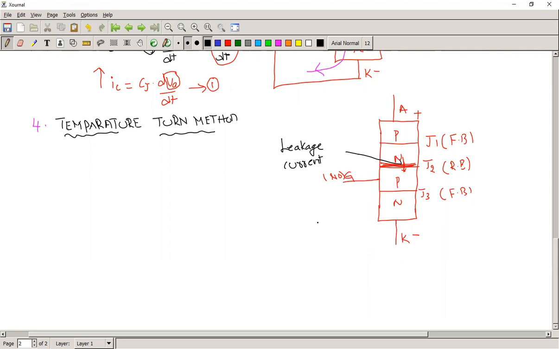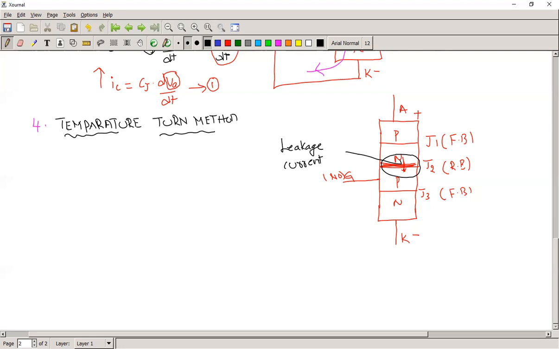When the leakage current is passing through the junction J2, the temperature around the device will increase. The temperature increases, again the leakage current will increase. The leakage current increases, again the temperature will increase. It is a cumulative process.